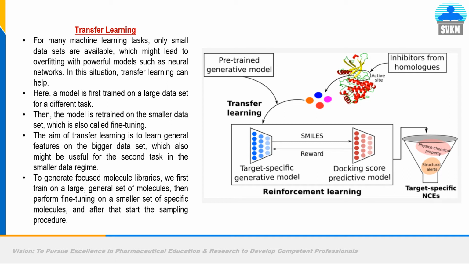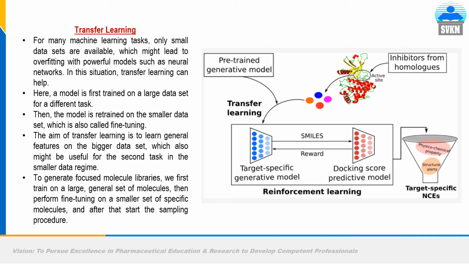What is it? For many machine learning tasks, only small data sets are available, which might lead to overfitting with powerful models such as neural networks. In this situation, transfer learning can help. Here a model is first trained on a large data set for a different task. Means the data set is large, but it is not relevant to your exact project, I mean the exact protein receptor.